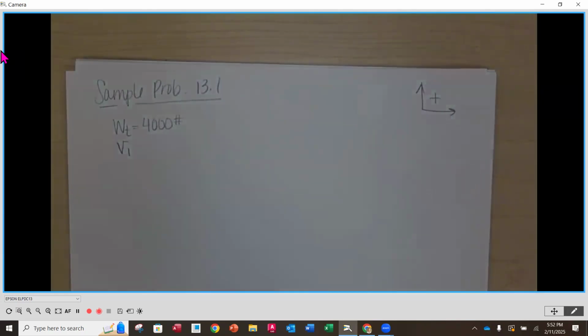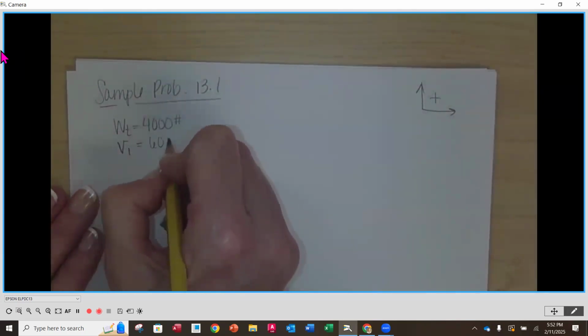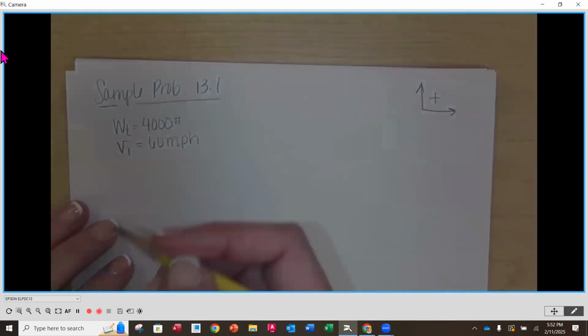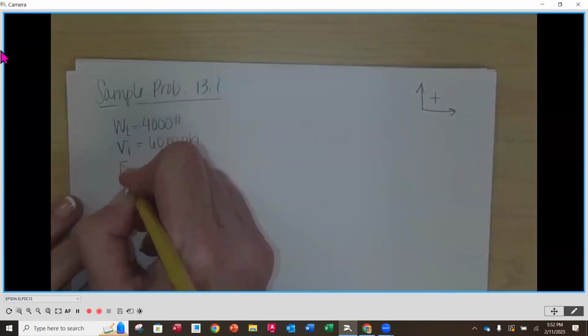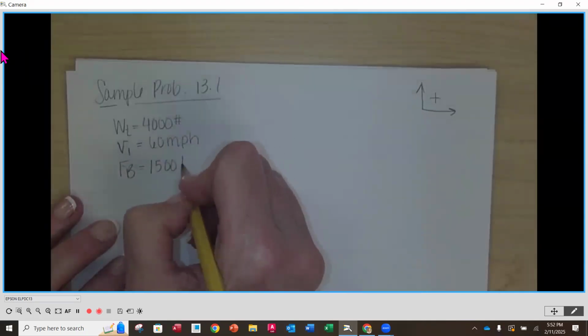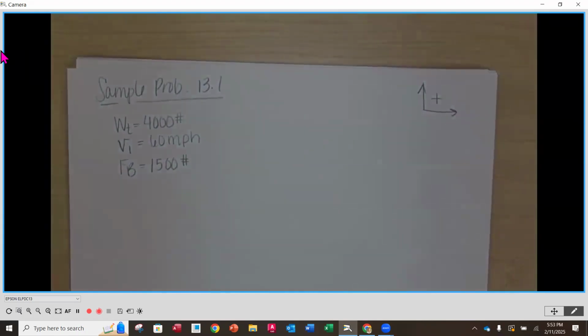So 1 is just an initial state of the velocity, and that is specified at 60 miles per hour. That's how fast we're going when we step on the brake. And then we have a constant braking force of 1,500 pounds. Now that's a constant braking force, so we would expect constant acceleration as well, or deceleration, because we're slowing down.